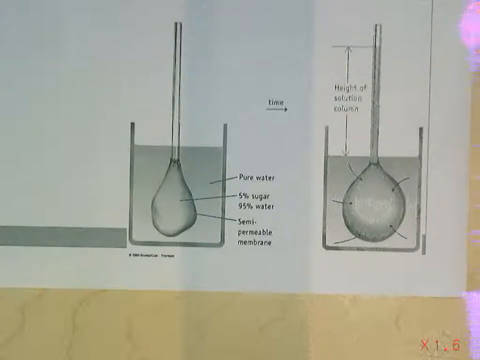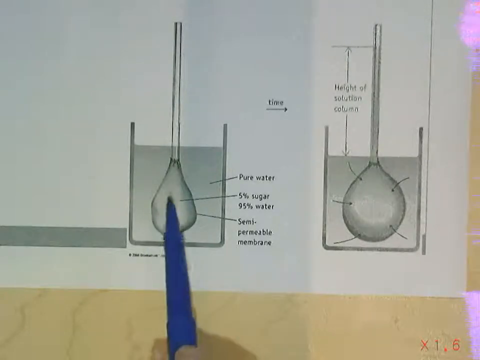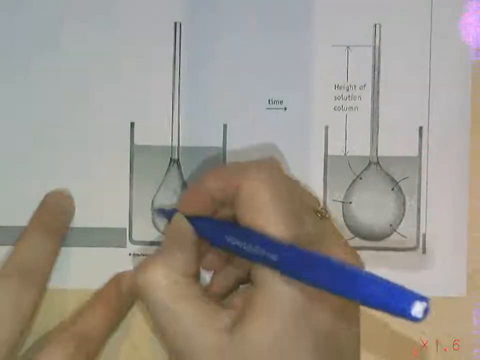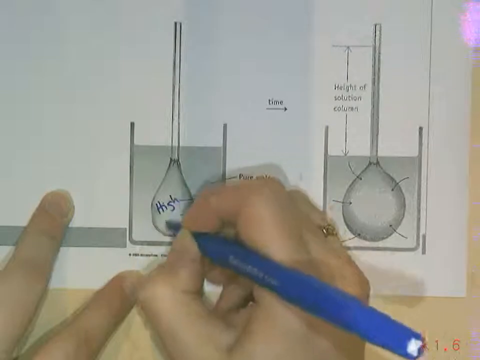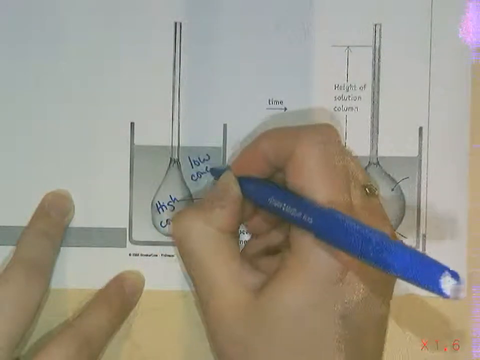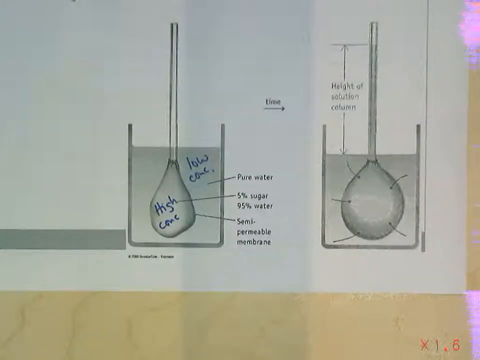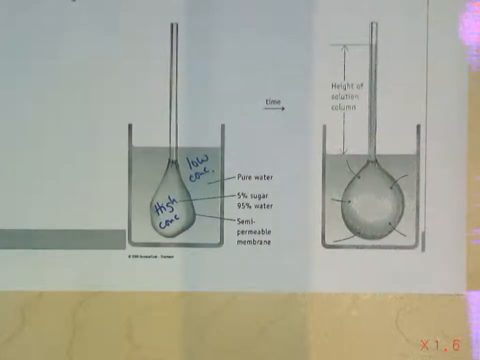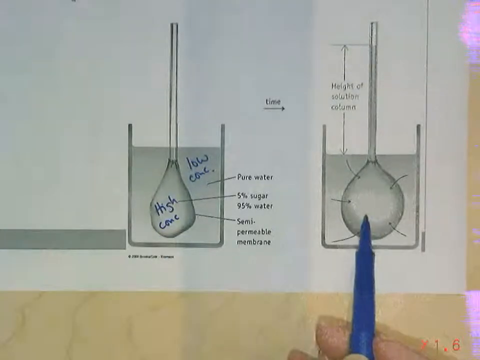So does inside or outside the balloon have a high concentration of sugar? Right? So this is my high concentration. This is my low concentration. So the water is going to flow from low to high. So it's going to make my balloon fill up with water.